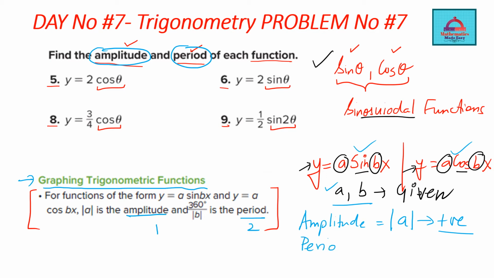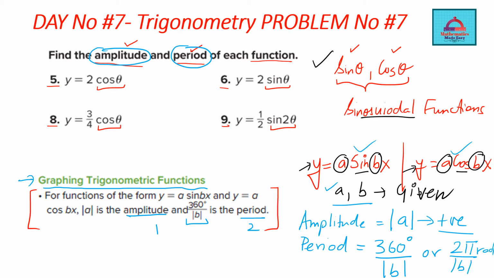The second thing which can be asked in such a question is the period, and the formula for period is as you see here. When we are talking about period, it can be in 2 units depending upon the angle. If your angle is given in degrees, then 360 degrees divided by the absolute value of b would give you the period. If we are talking about the same thing in terms of radians, then we replace 360 by 2 pi radians, so 2 pi radians over the absolute value of b.